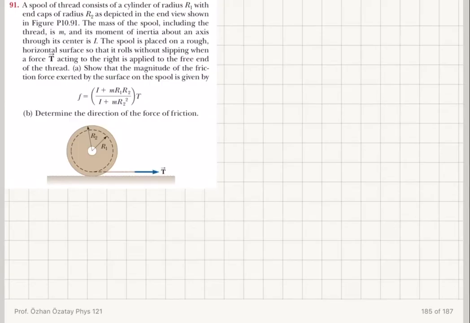The mass of the spool including the thread is m and its moment of inertia about an axis through its center is I. The spool is placed on a rough horizontal surface so that it rolls without slipping when a force T is acting to the right. Show that the magnitude of the friction force exerted by the surface on the spool is given by this, and determine the direction of friction.